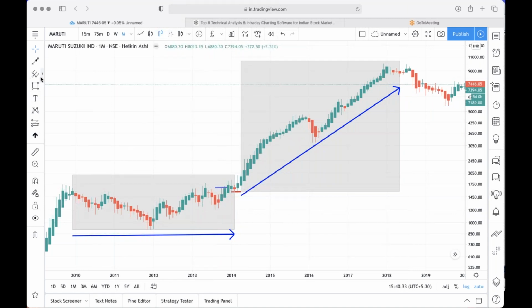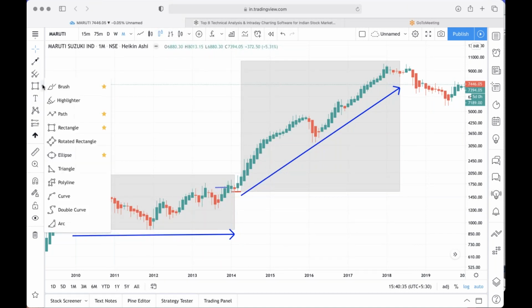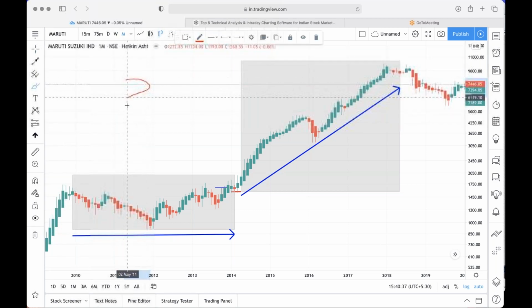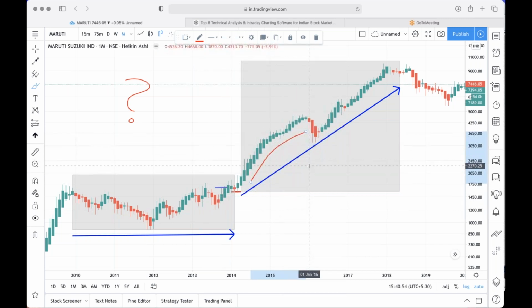Clear? And so if this is clear, then a big question we should ask is, is Heiken Ashi a good tool to identify a trade, or is it a good tool to ride a trade?